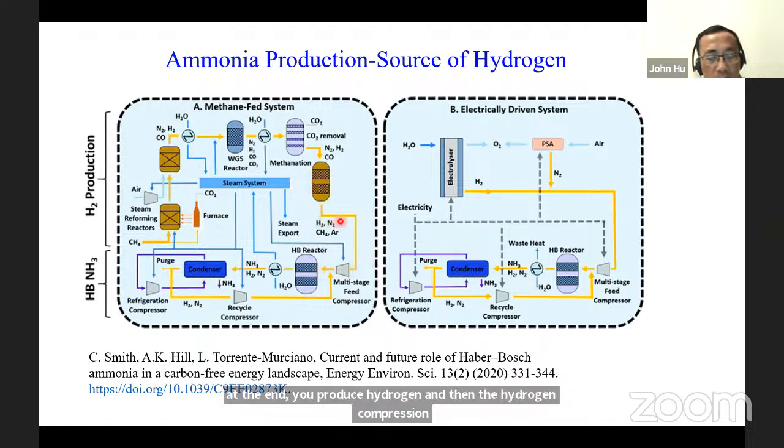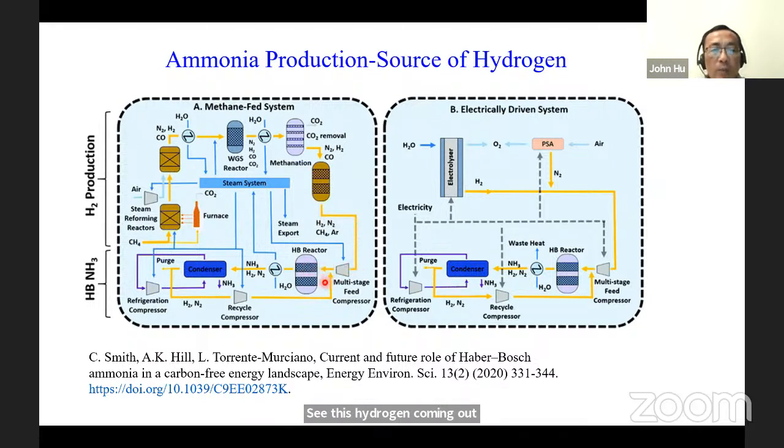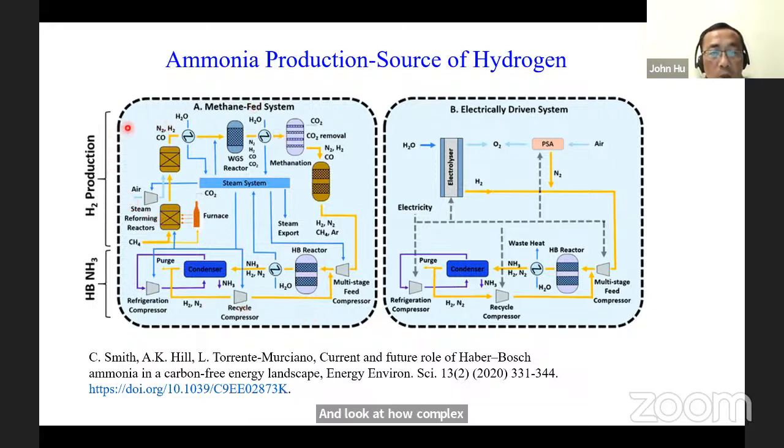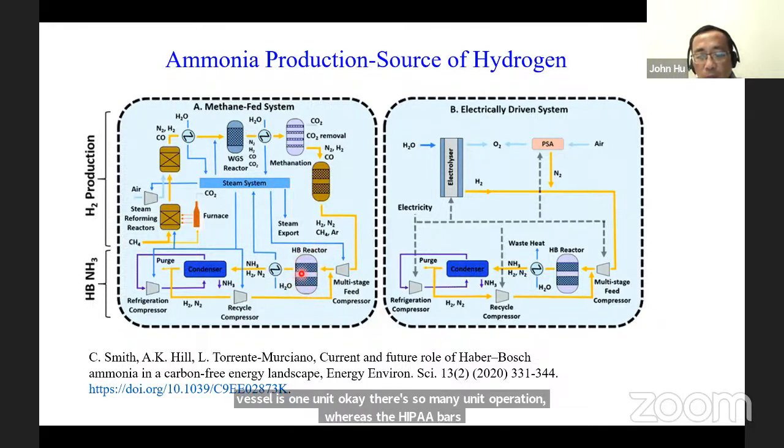See this hydrogen coming out? And then basically the multi-stage feed compressor will feed the Haber-Bosch reactor. And look at how complex the unit operations are. When I say unit operation, it means each vessel is one unit. There are so many unit operations, whereas the Haber-Bosch is only one part, the reactor.